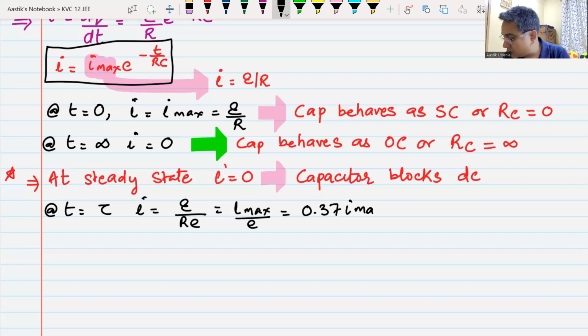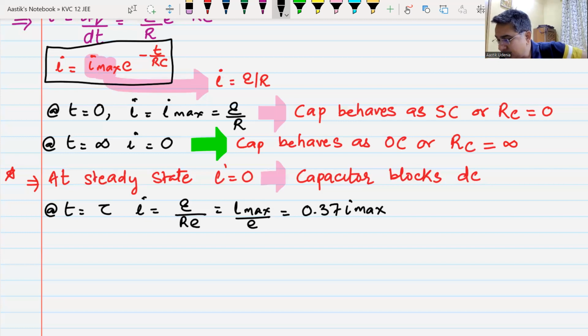So from here also you can define the time constant of a charging circuit. It is the time taken by the current to fall from maximum value to 37% of the maximum value. Do we understand what I am telling you? Yes or no?